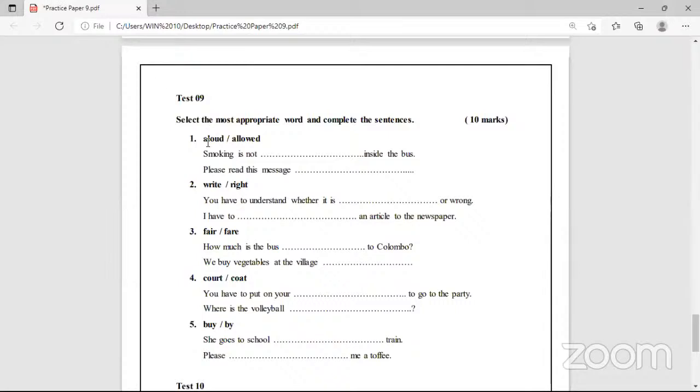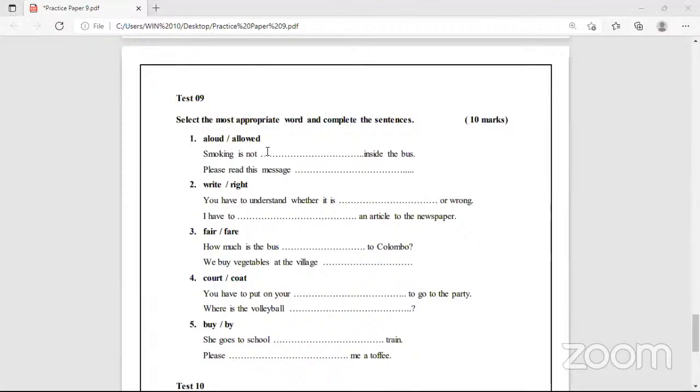Test 9, the pronunciation is the same, but there are different meanings and different spellings. These words we call homophones, right? So you have to use them correctly in the blanks in the sentences in this question.